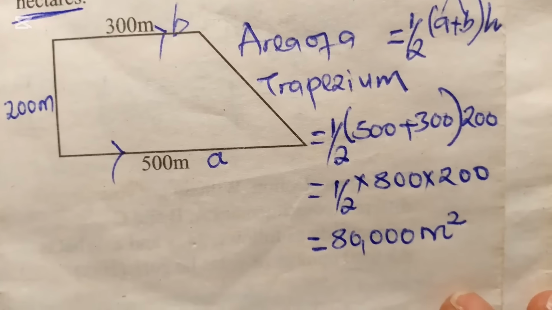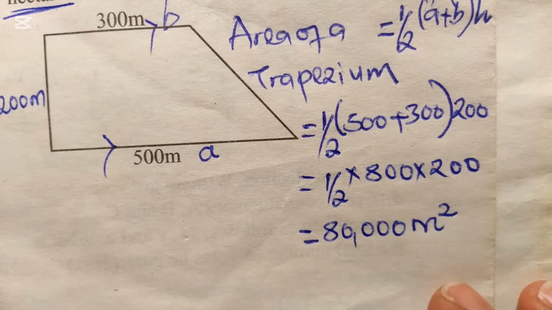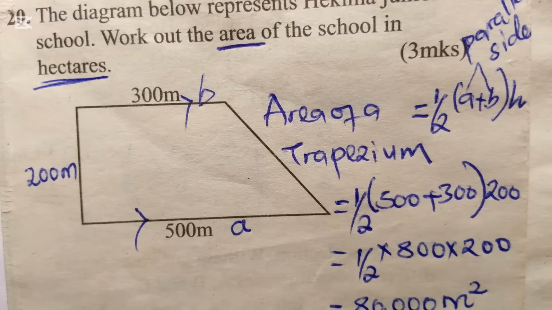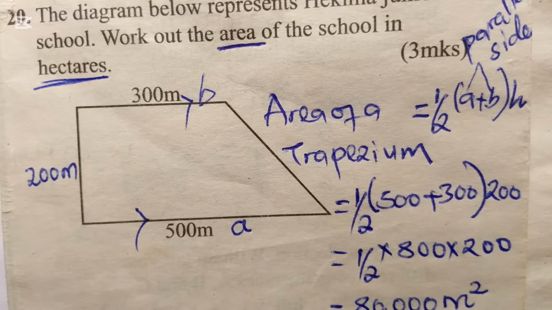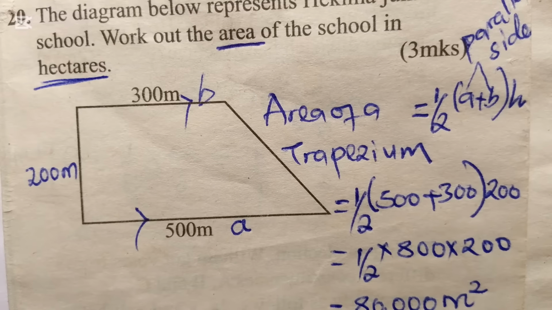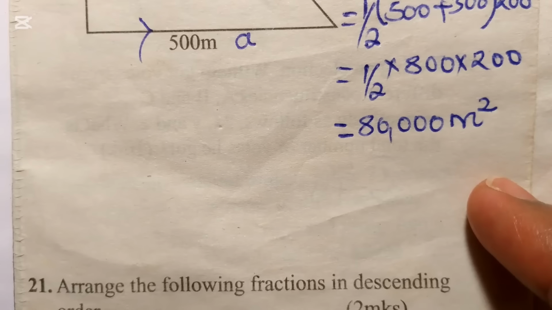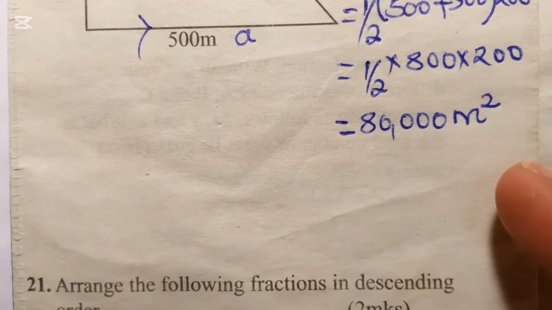You are supposed to leave your answer not in square meters, but in hectares. Do you know the relationship between square meters and hectares? You are supposed to know that.